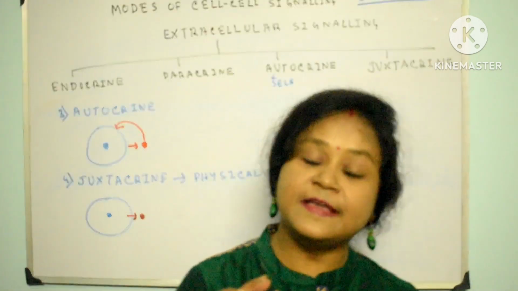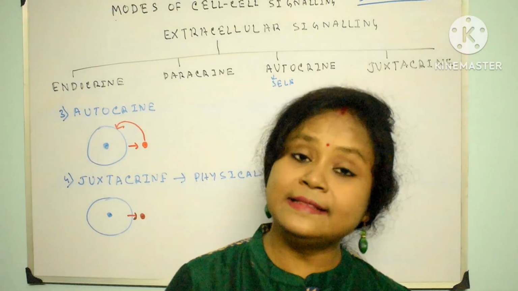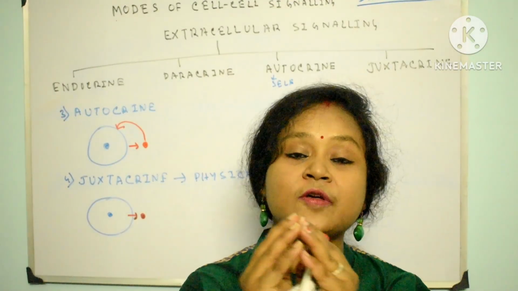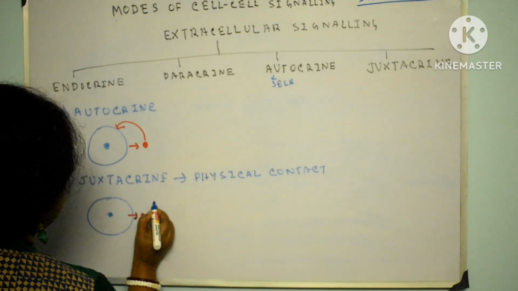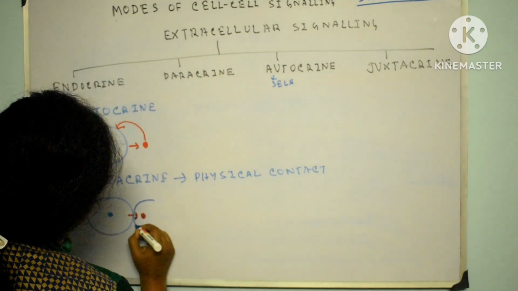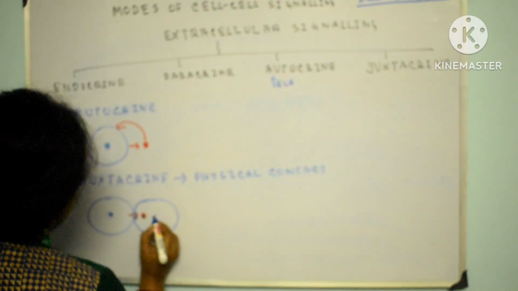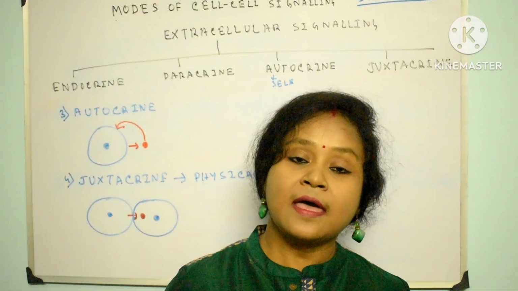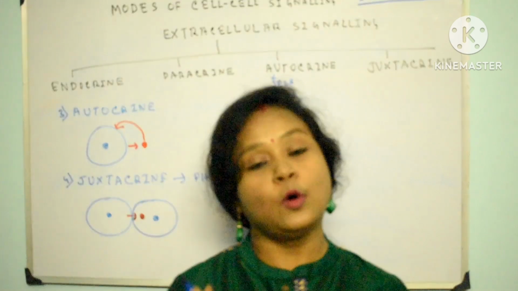Cells bearing signal molecules interact with receptor proteins. Receptor proteins of which cells? Receptor proteins of adjacent responding cells. The main point of juxtacrine signaling is what? This requires physical contact.